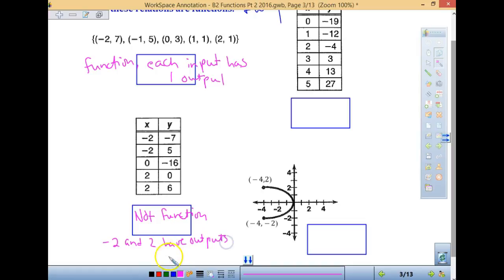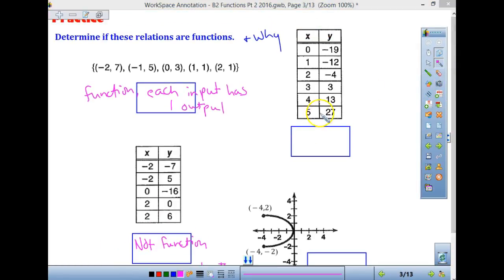Now the question that sometimes comes up is, if I am looking at my different values, can I have all of my points be the same in either the x or y? And we'll talk about that. When is it a function?